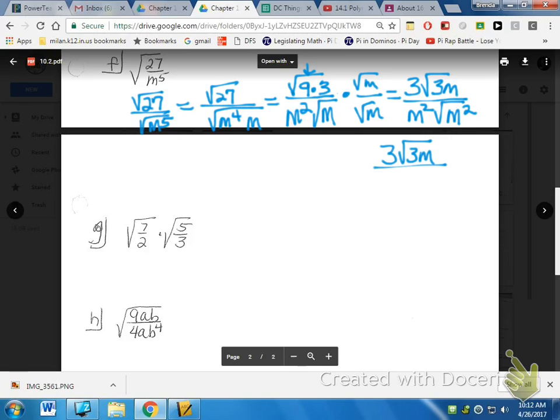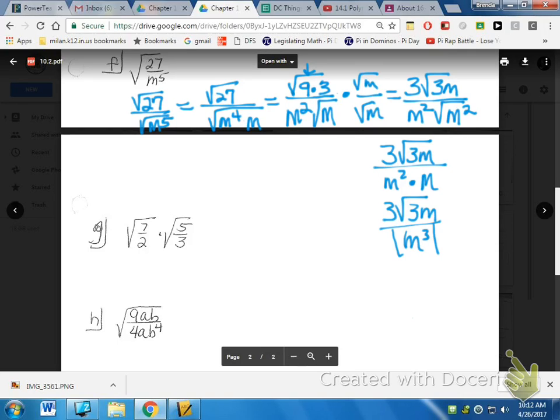The bottom, I've got m squared times, what's the square root of m squared? m. So together, 3 radical 3m, and that's going to be m cubed. It has to be an absolute value. I'm going to put that in an absolute value just to be on the safe side. So 3 radical 3m over absolute value of m cubed.